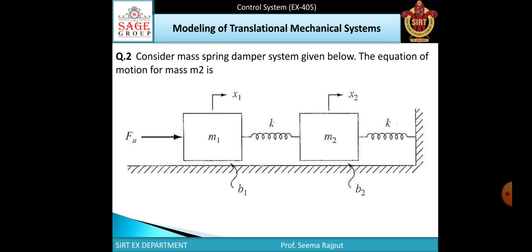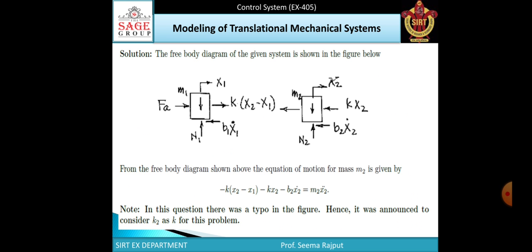Another question: consider the mass spring damper system given below. We have to write only the equation of motion of mass M2. Here there are 2 masses, 2 forces, 2 springs and 2 dampers. We write the free body diagram of the given system as shown in the figure, and then write the equation for M2 only.